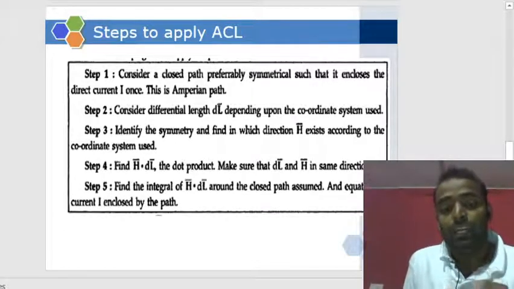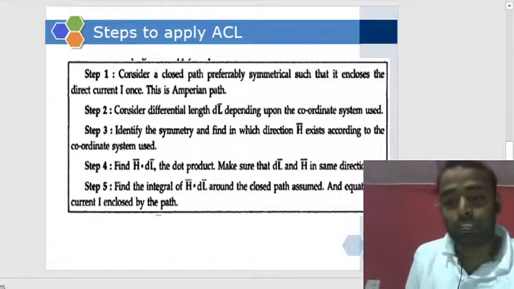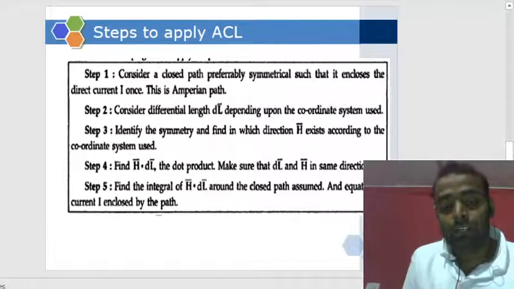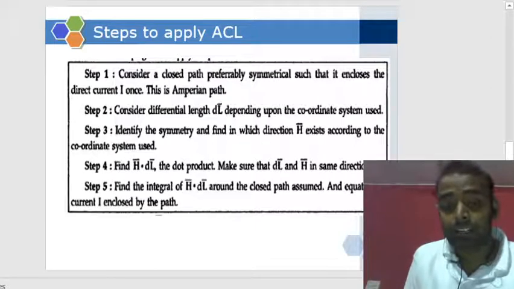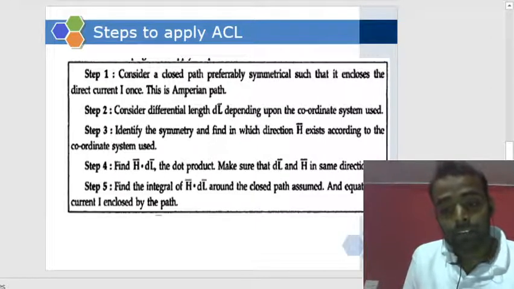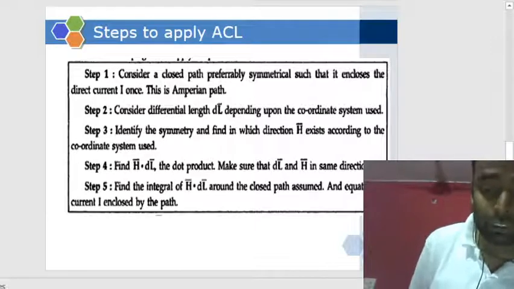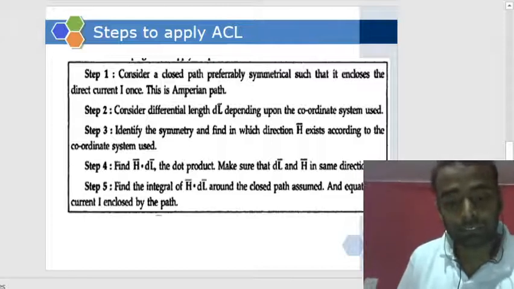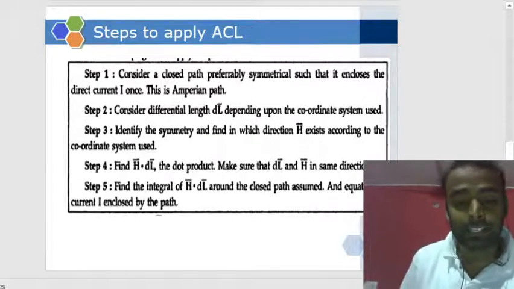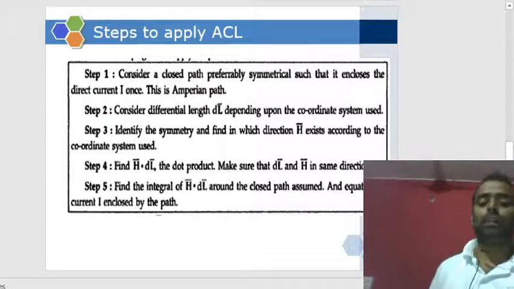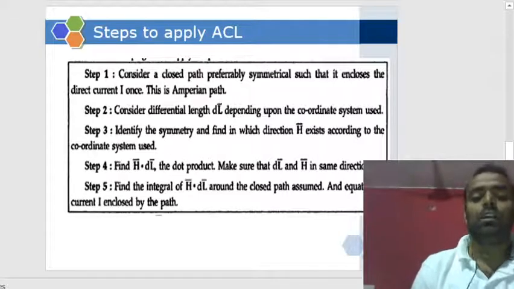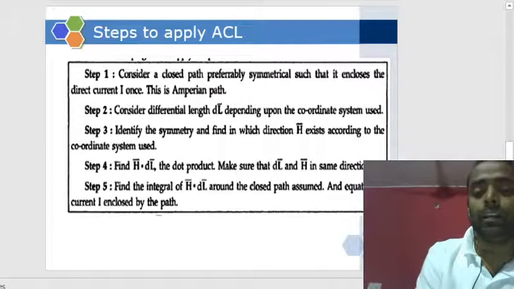Now we'll take the proper differential length dl as per the choice of coordinate system. We'll take the product of H and dl, integrate it between its limits, and equate it to the current enclosed by that path. So whatever the unknown quantity or parameter is, it will be determined easily.